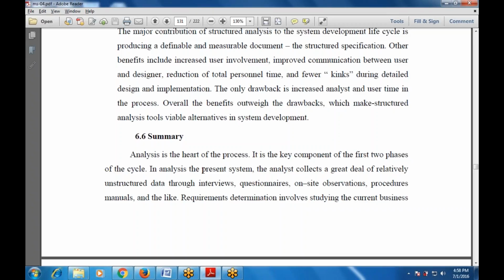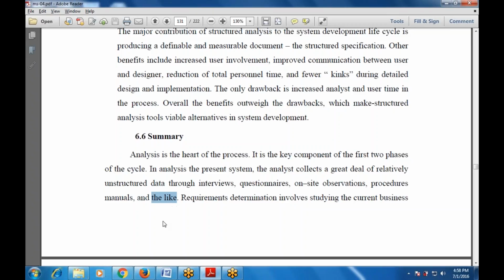In analysis of the present system, the analyst collects a great deal of relatively unstructured data through interviews, questionnaires, on-site observations, the procedure manual and the like.